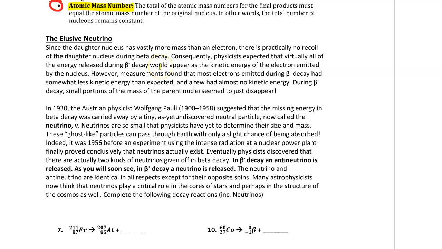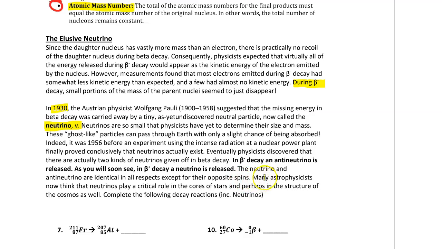And so, rather than saying that the mass just disappeared, which would be a violation of law of conservation of mass, or that the energy somehow managed to just disappear, which would be a violation of law of conservation of energy, there was a suggestion in the 1930s that there must have been another yet to be discovered particle, which was eventually called the neutrino.